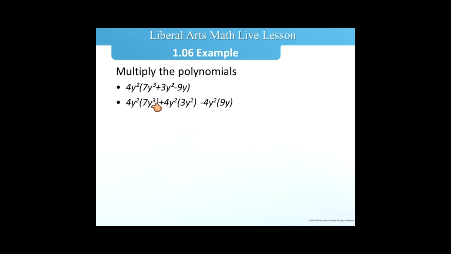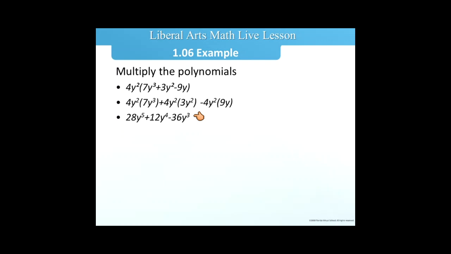So now we have 3 sets of monomials that need to be multiplied. So remember, we still use those same rules from 1.05. Multiply the numbers, add the powers on the variables. So we get 28 y to the 5th plus 12 y to the 4th minus 36 y to the 3rd.